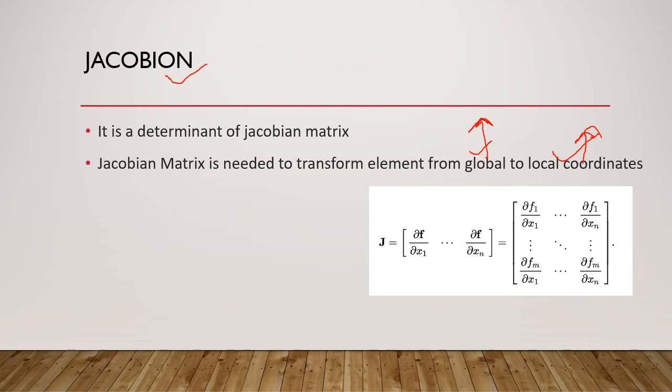So the Jacobian matrix does this transformation from your global coordinate system to your local coordinate system, which is your ideally shaped element.